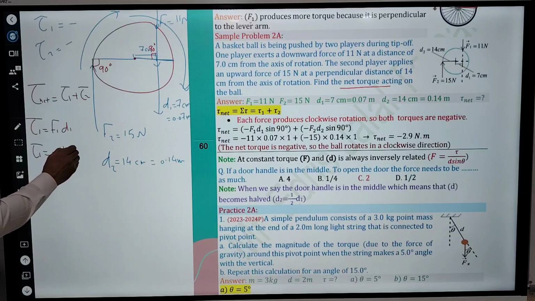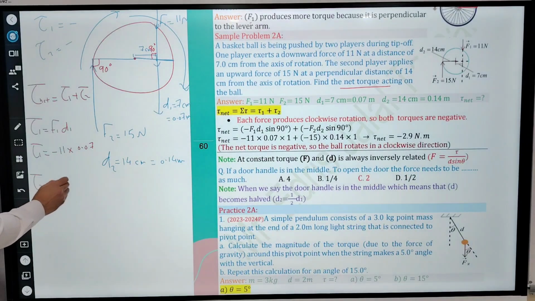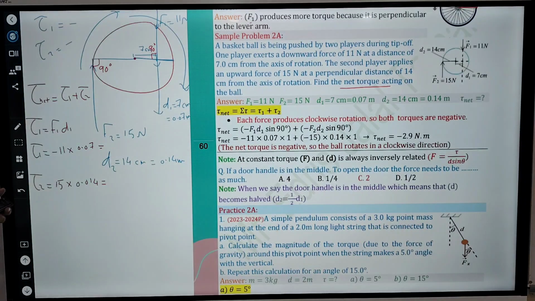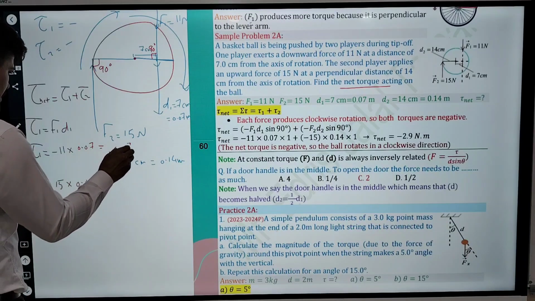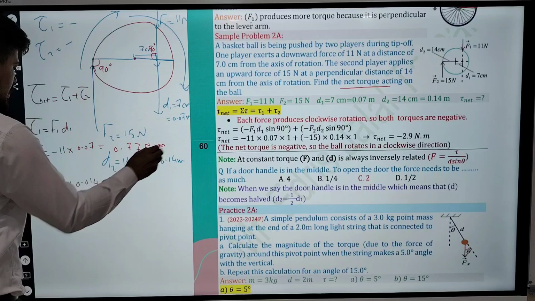11 times 0.07, okay? So torque number 2 is equal to what? 15 times 0.14. Torque number 1 is equal to what? 11 times 0.07 is equal to 0.77 Newton meter.